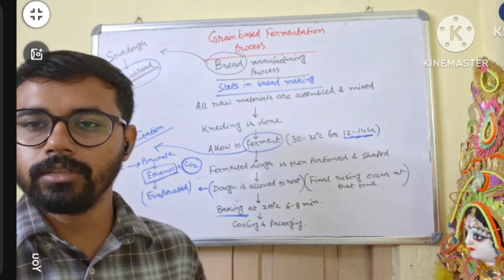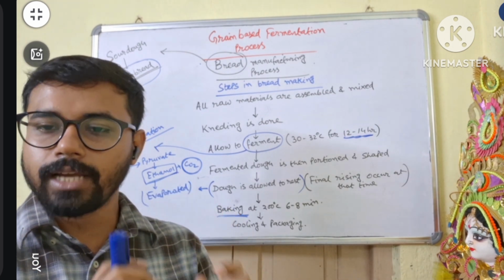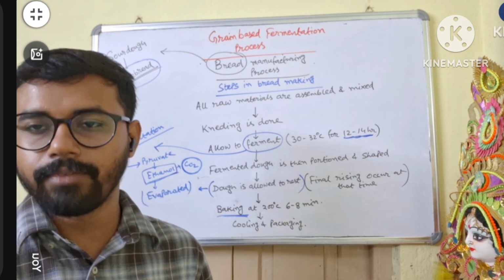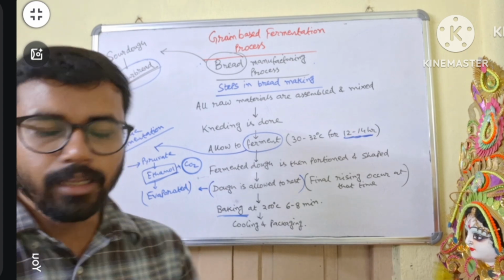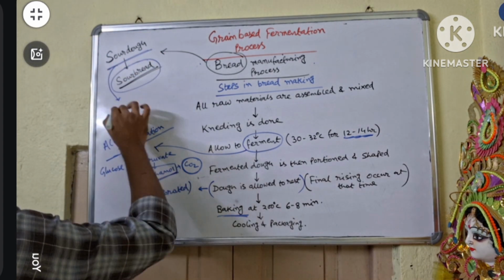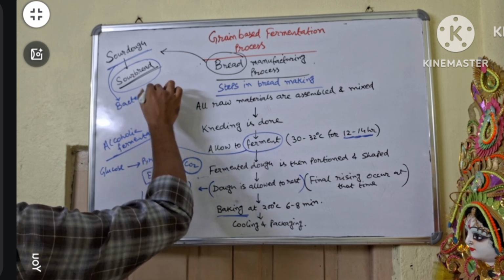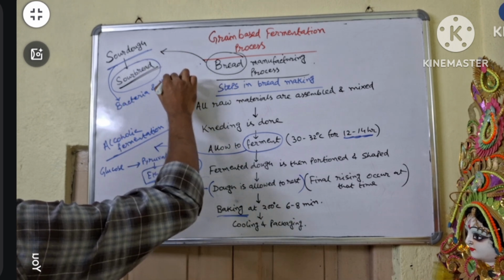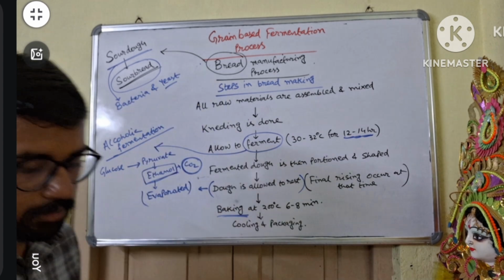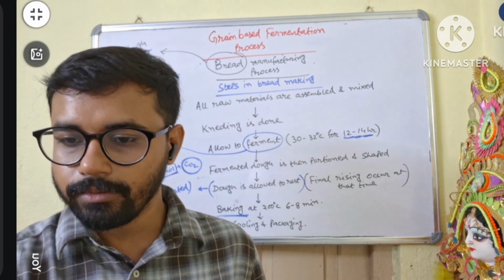How is it produced? Simple. All the raw materials are the same. Just the culture is different. The starter culture is different. Here, for sourdough making, we use a combination of bacteria and yeast. The bacteria are lactic acid bacteria.